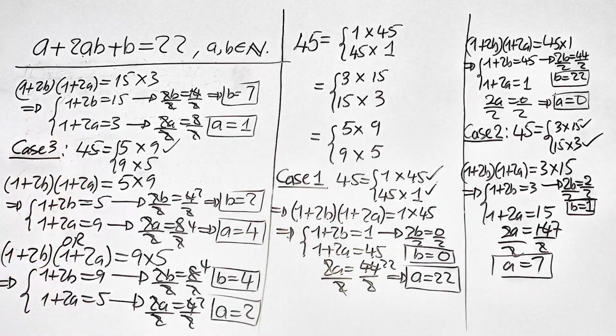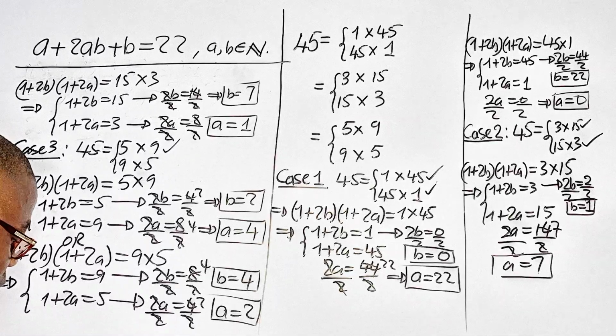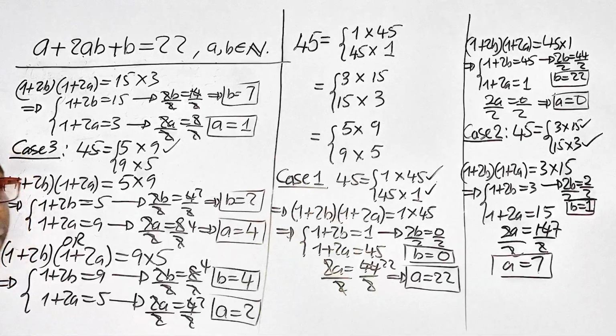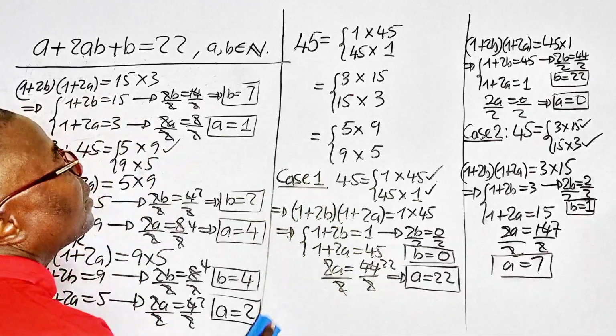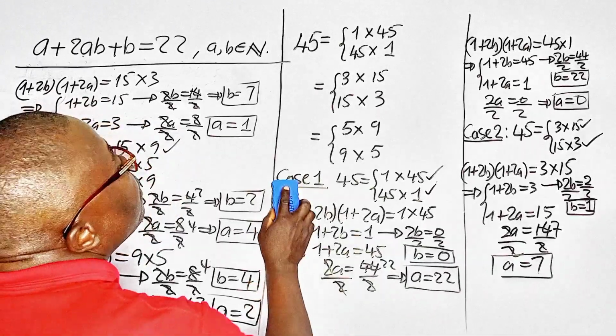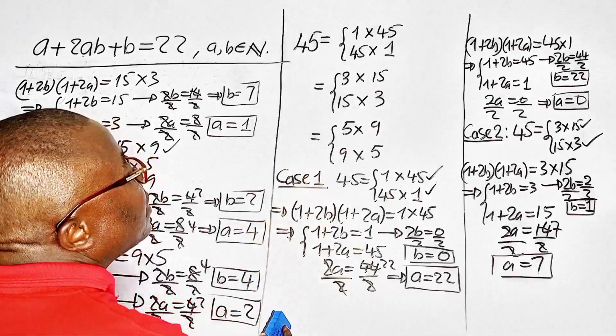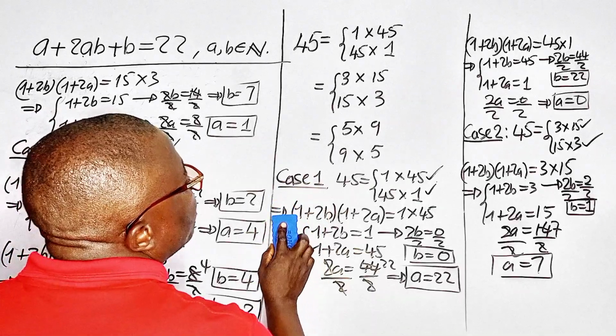Alright, we have handled all our 3 cases and we've seen the set of possible values for the natural numbers a and b. So let us write now a set of all possible solutions.